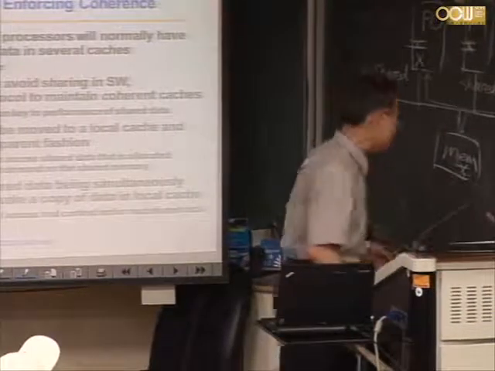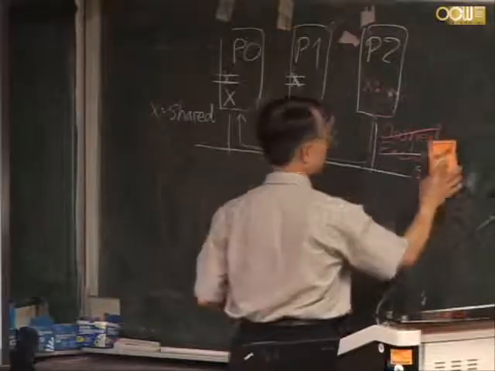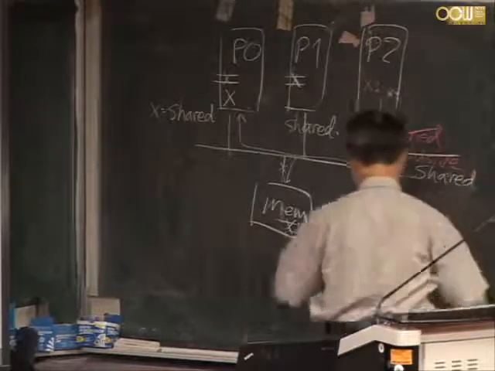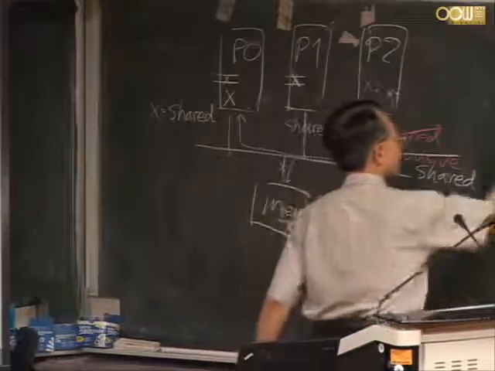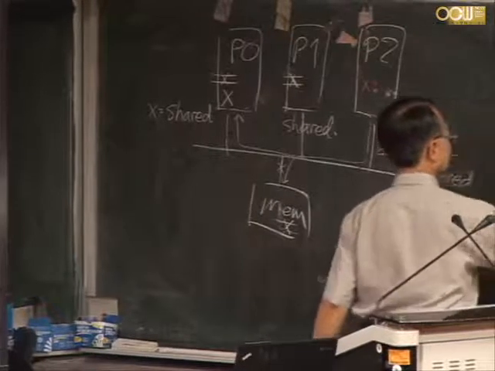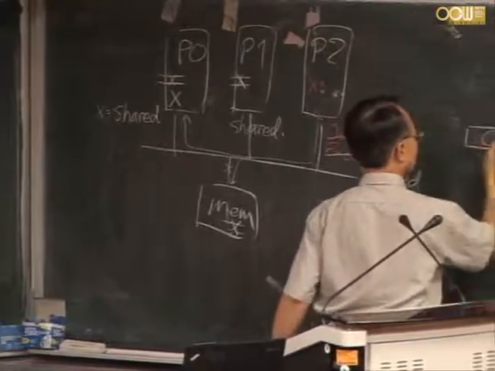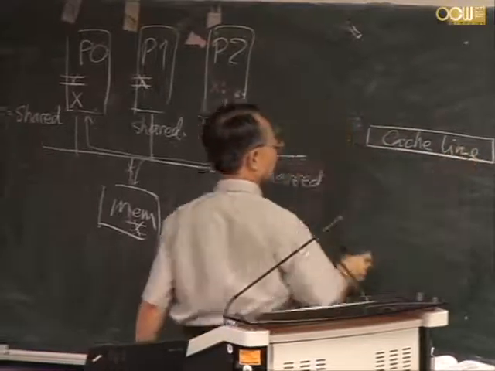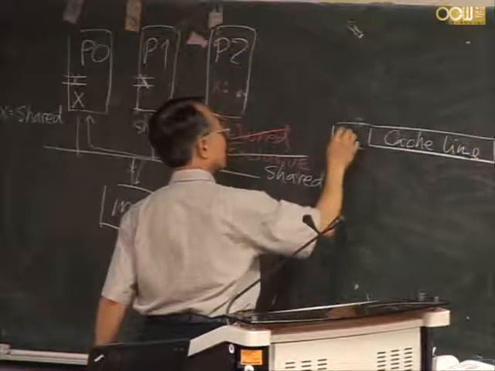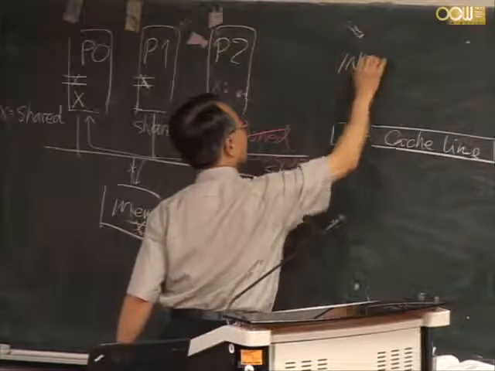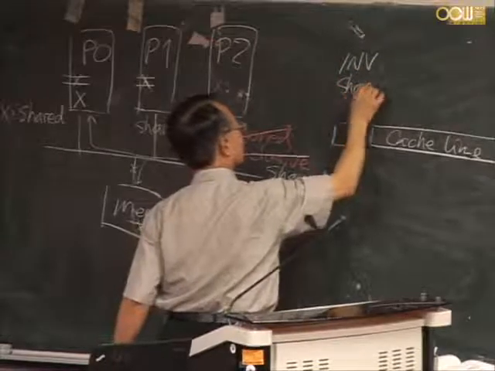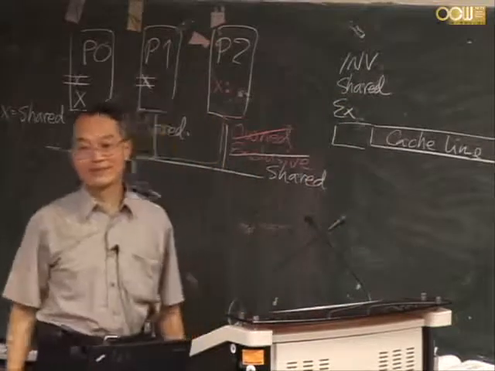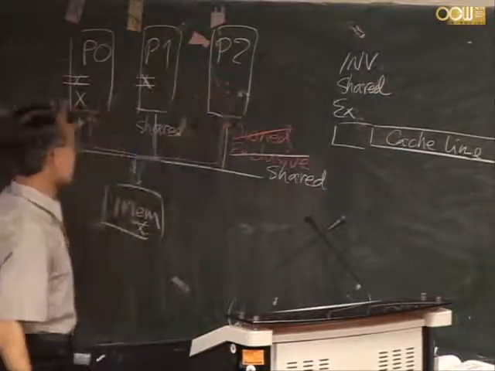So the way we introduce this protocol to you is like this. Every cache line, this is a cache line, is marked invalid or shared or exclusive in the caches.